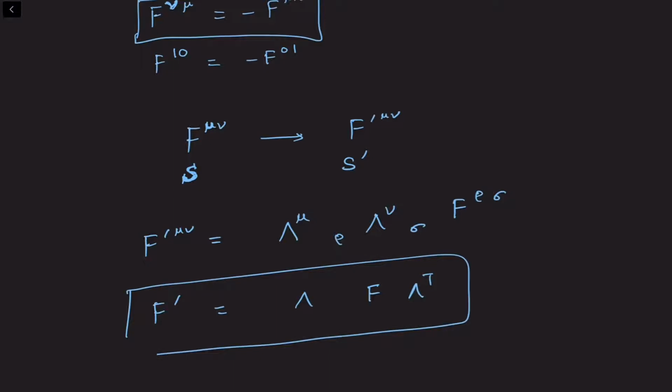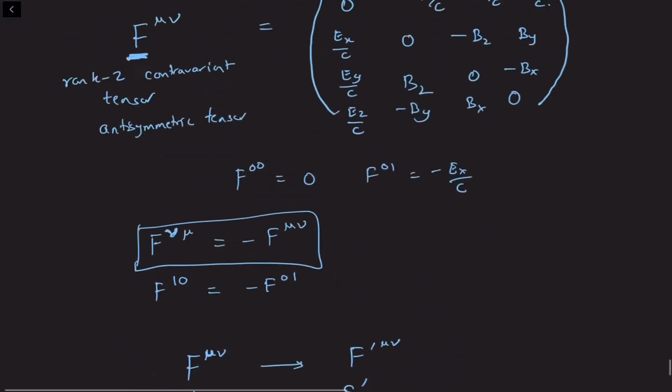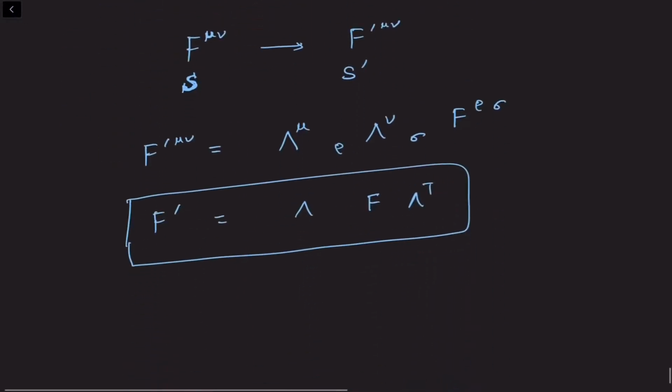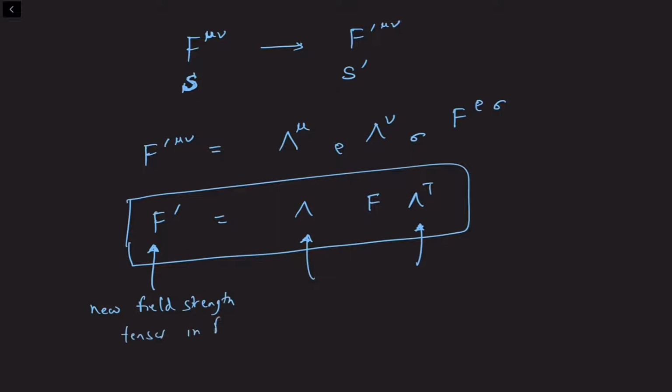So if I know the components of the electric and magnetic fields, and I know the matrices lambda, which relate frames S and S prime, I can get the new field strength tensor in frame S prime.